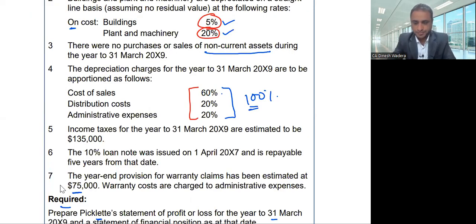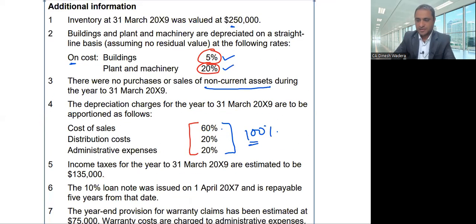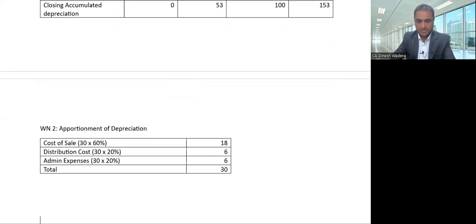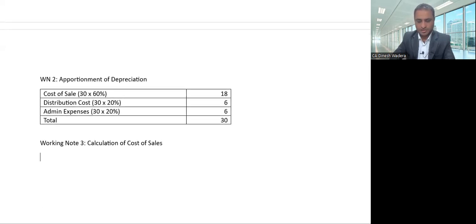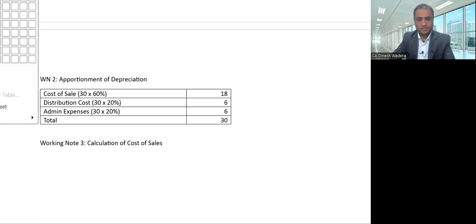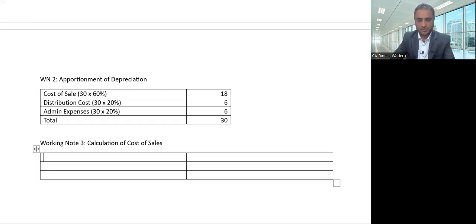Okay. Now, what was our challenge? Why did we calculate the depreciation? Because we had to calculate the cost of sales. Now you can make a working note 3. So you should know the formula, right, to calculate the cost of sales.